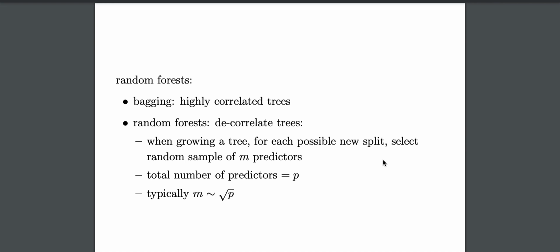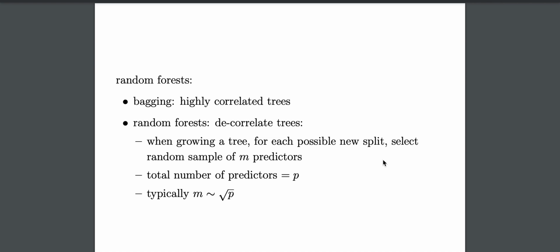The random forest is a way to improve bagging by decorrelating the trees, and the way it's done is that when we grow a tree, for each possible new split, instead of allowing all the predictors to be in the pool to be selected, we randomly select a subset of the predictors, and among those choose the best split.